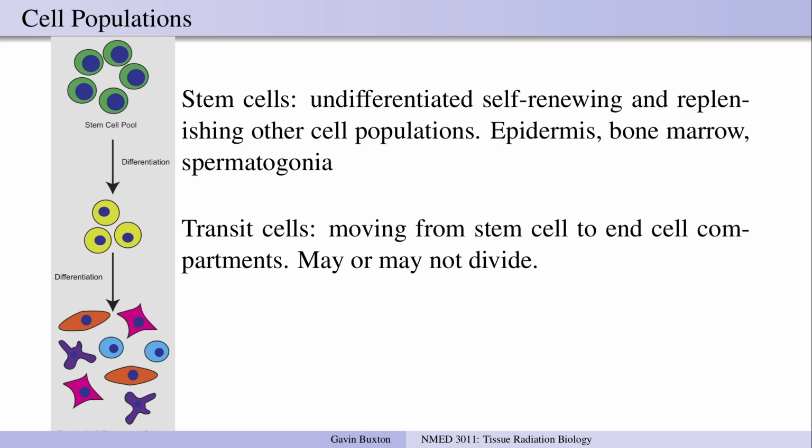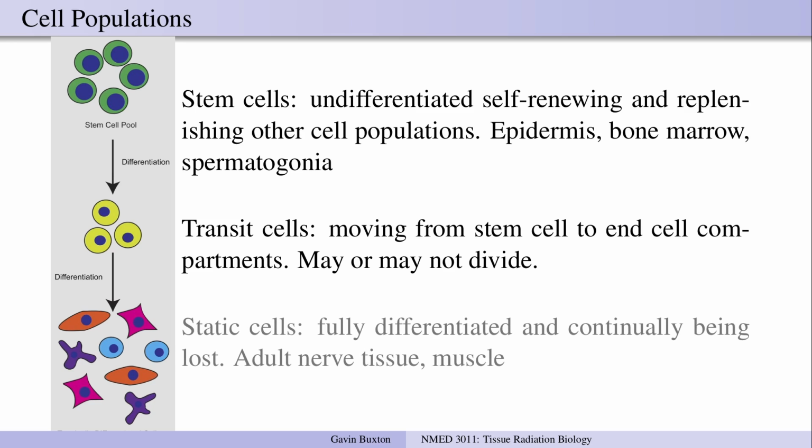Transit cell populations are cells that may or may not divide. Transit cells is a good way to describe them. They're in between the stem cells and the more static populations, moving from the stem cell compartment towards the end cell compartment, the static cells.